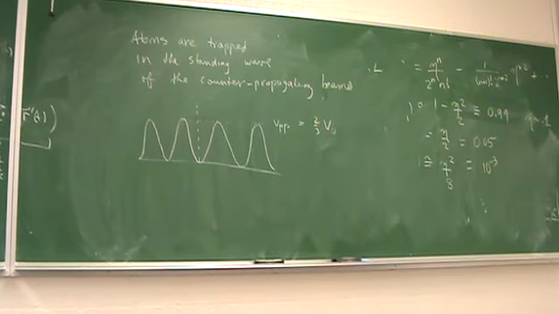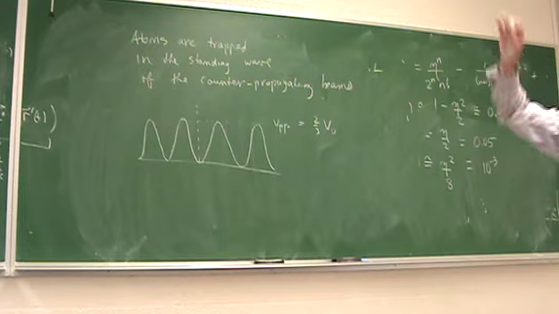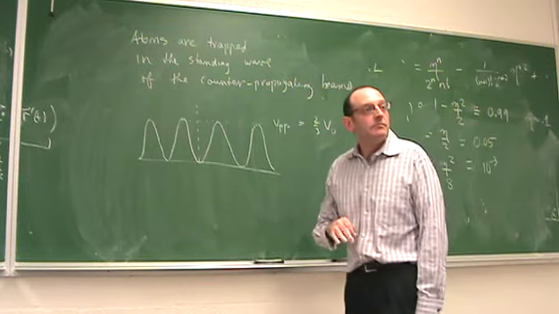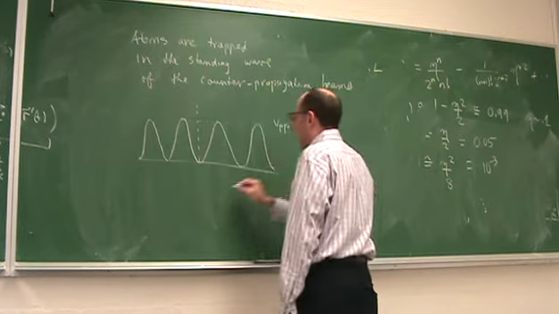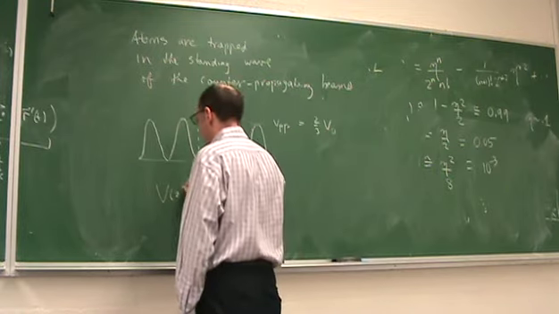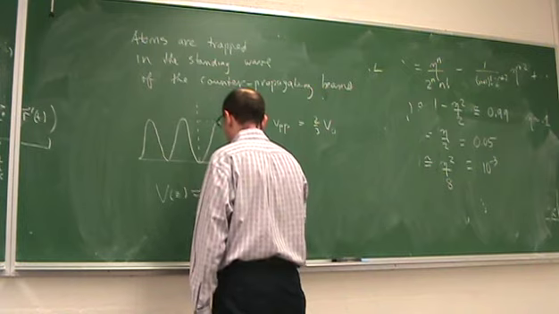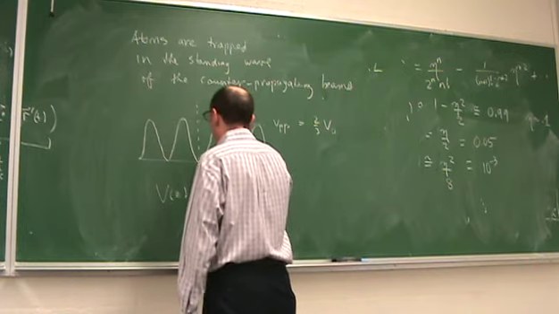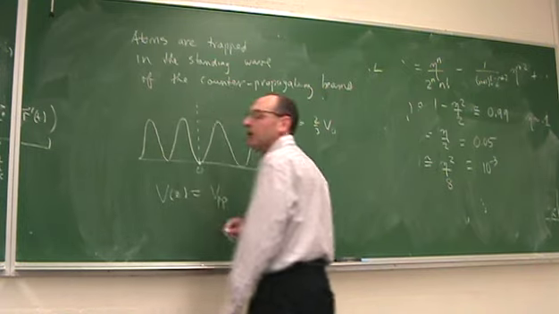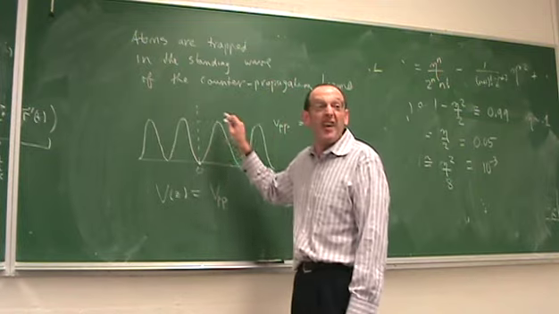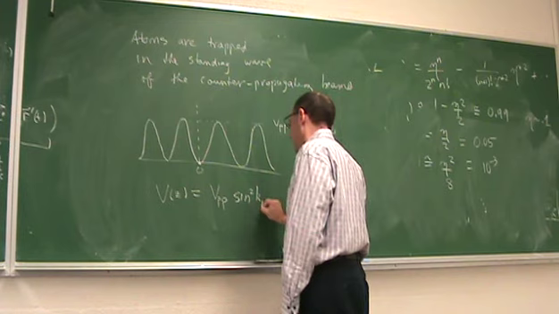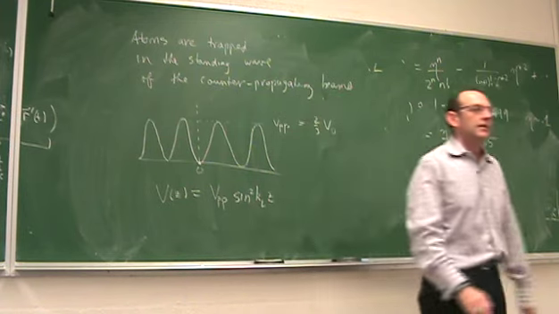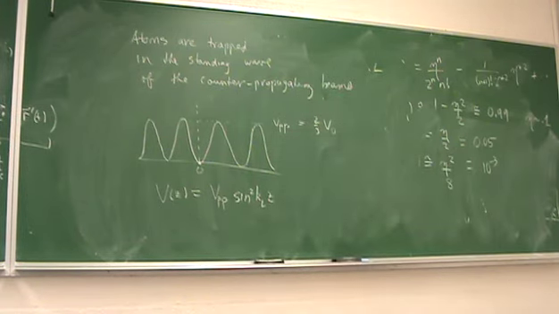That's what it was for the 1/2 to 3/2 atom. So this potential, as a function of z, has some peak-to-peak height, and I'll put the node at the origin, so that it has a well at the origin. So that's sine squared kz, plus a constant if we want it, since the overall potential is shifted by some constant.